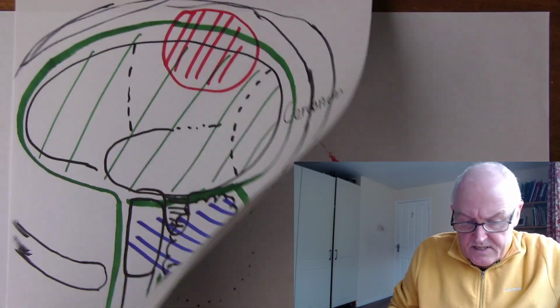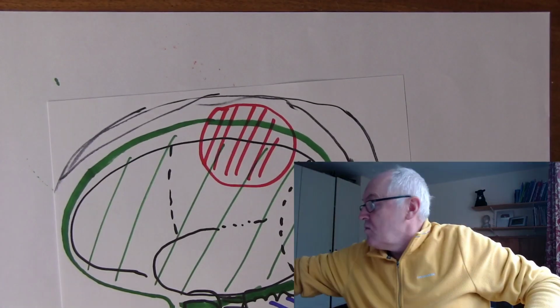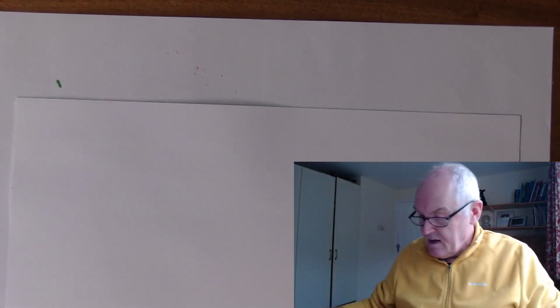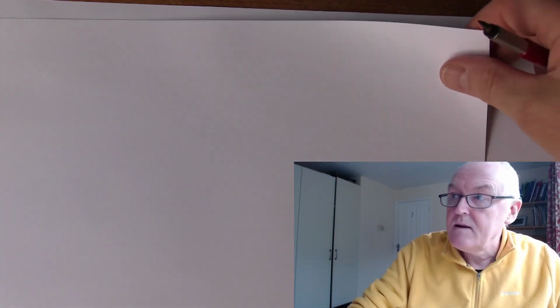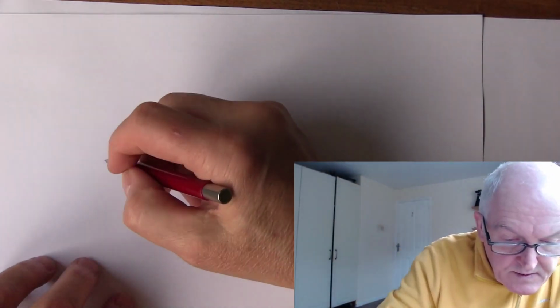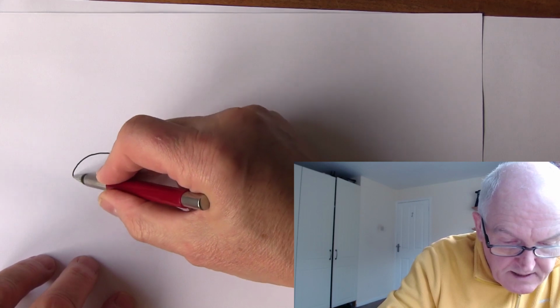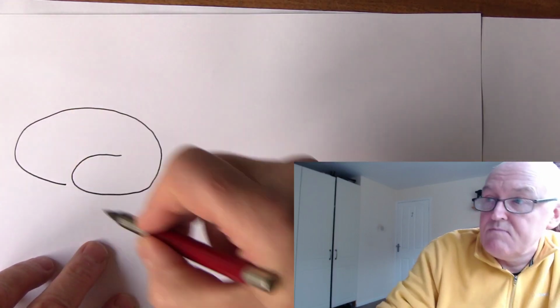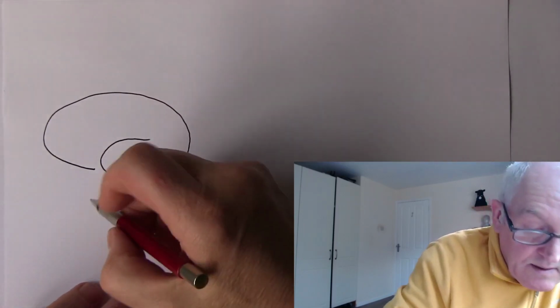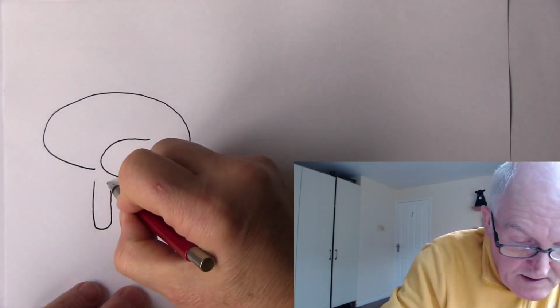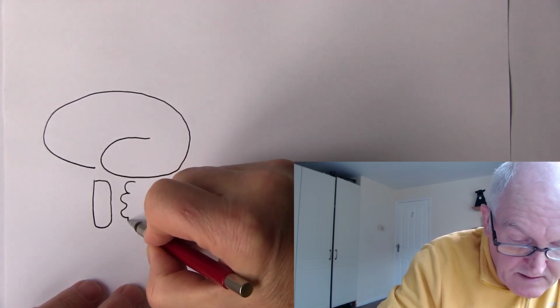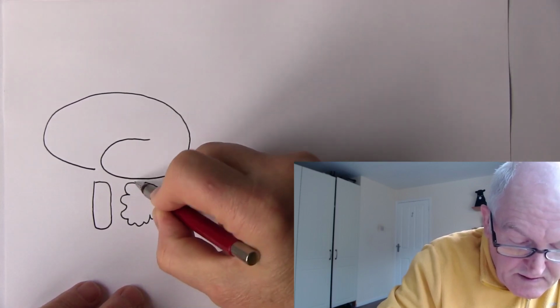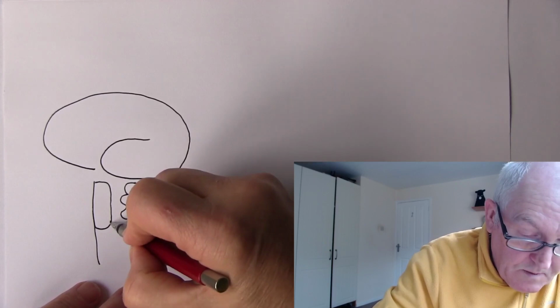So just to look at this in a simplified way, just to make sure we've got it. What we've said here is that the brain is shaped like a boxing glove, like that. So that's the brain, there, like that. The cerebrum. Then we have the brainstem, and we have the cerebellum, and the spinal cord.